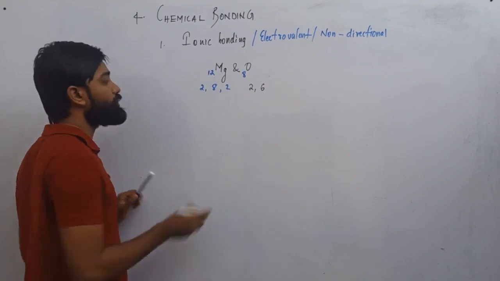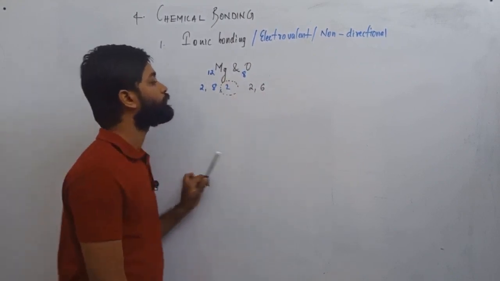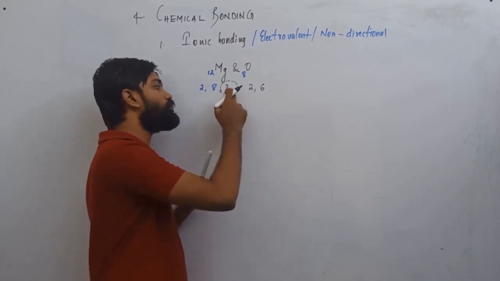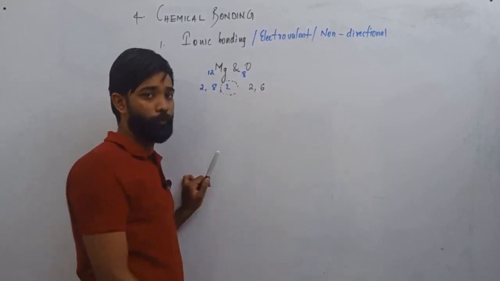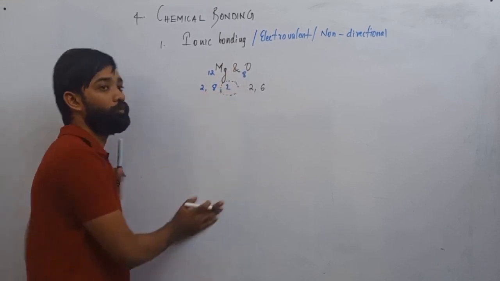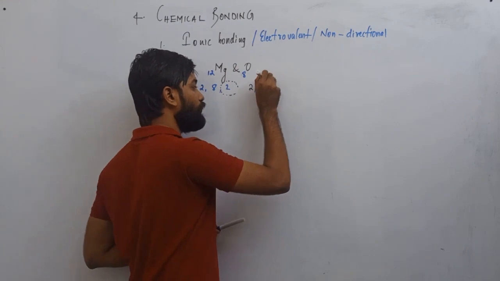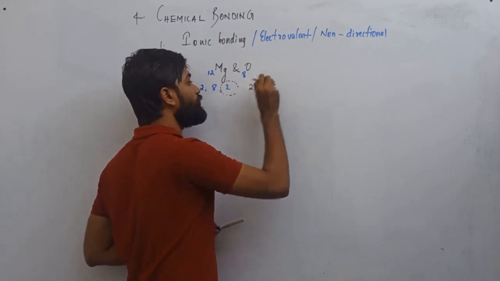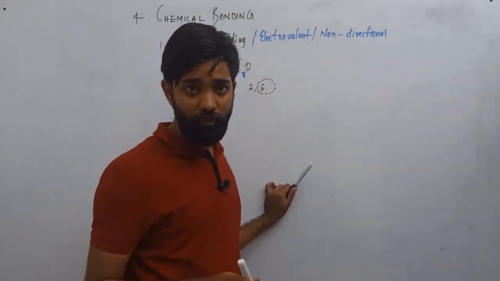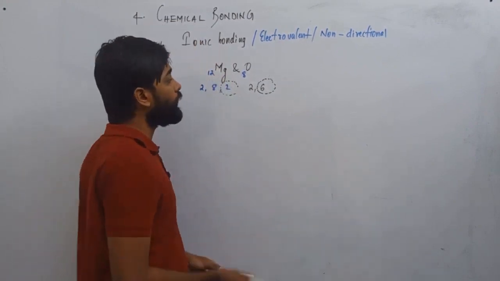If the two valence electrons are dropped by magnesium, it gets octet stability. Oxygen has only 6 electrons in its valence shell; if it gains 2 electrons, it also gets stability.